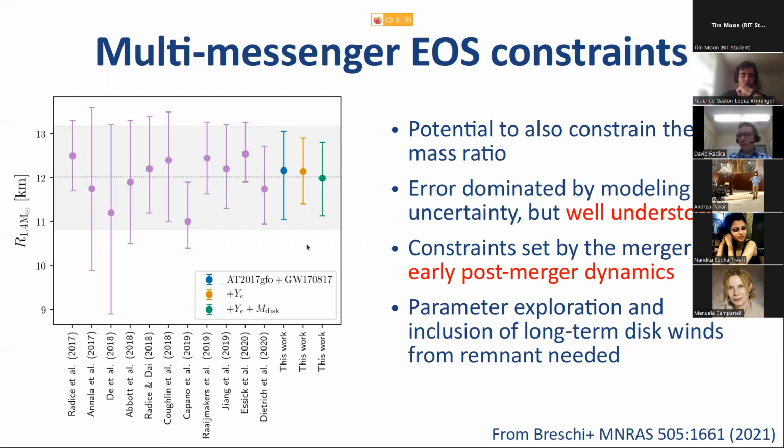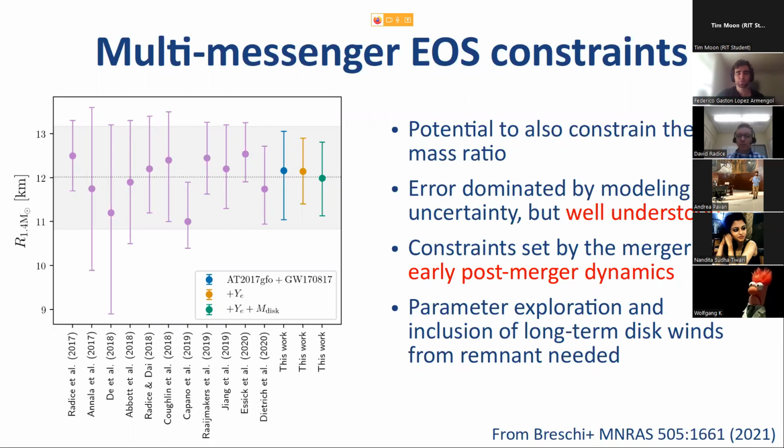One thing I want to emphasize here is that these constraints really come from understanding the dynamics of the early post-merger, because what we're really ruling out is only the fact that there has to be some material left outside of the horizon of the black hole after merger to explain the kilonova. So we're not really using or predicting what happens to this material once it's formed and is ejected from the binary or the original accretion disk.